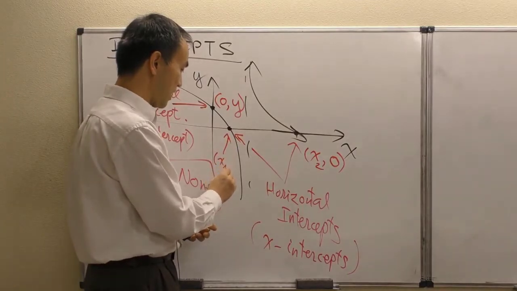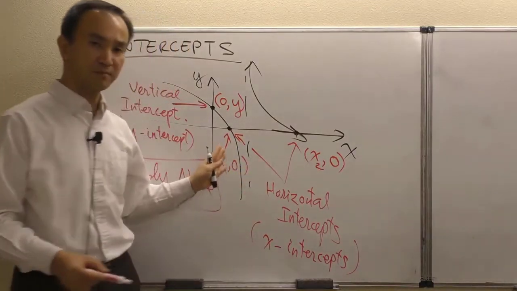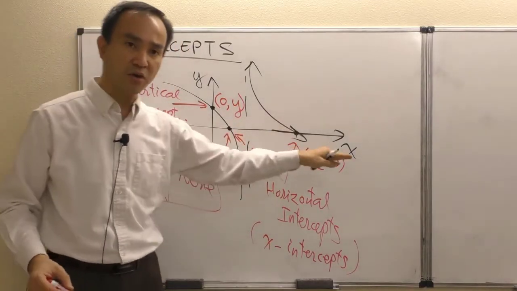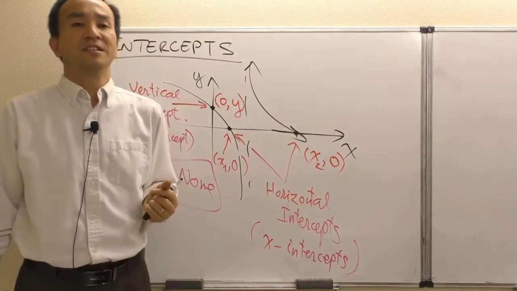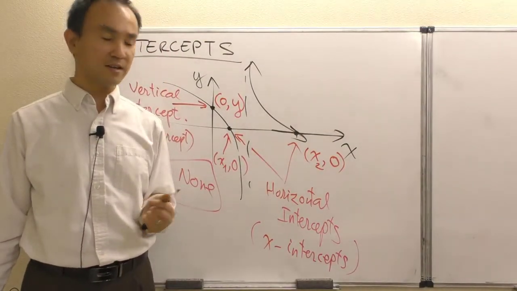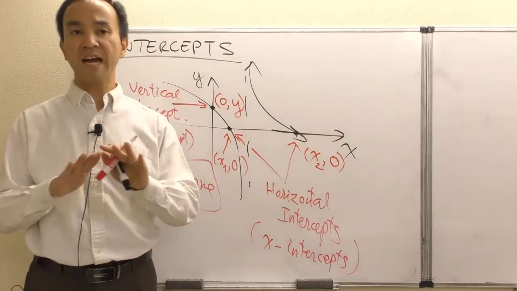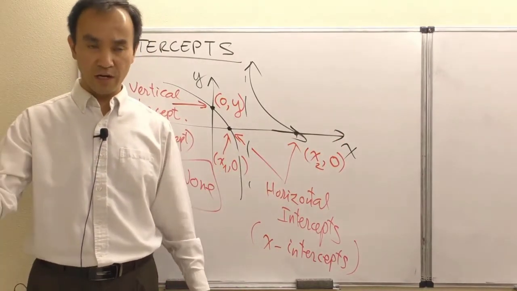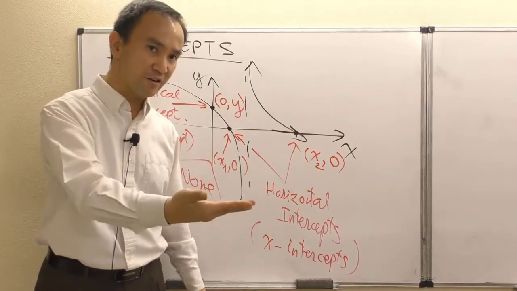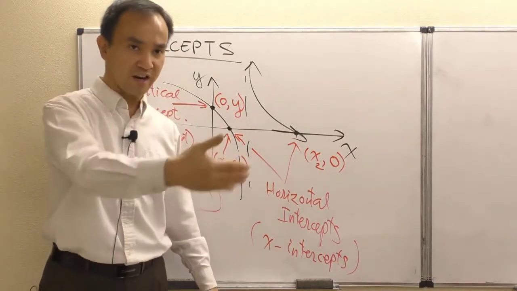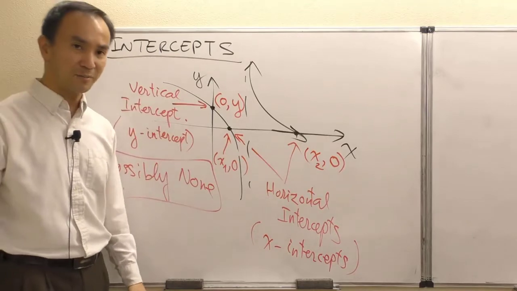There's x1, 0. It doesn't matter where they are, the y values, the vertical values, are 0 at those horizontal intercepts. All right, so that's all we need about the generality of these intercepts in order to carry it into our detailed study. That's coming right up.